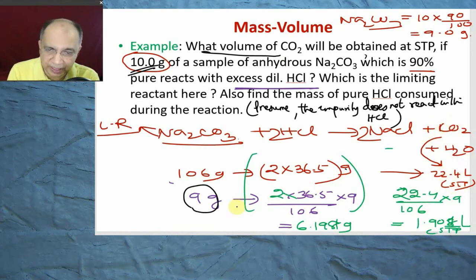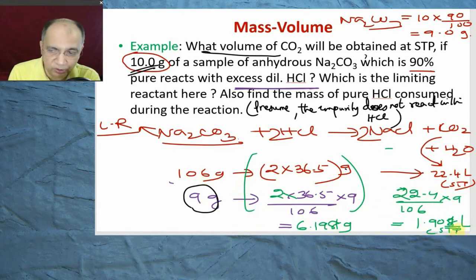So if 106 gram requires this much and produces 22.4 liters of carbon dioxide, then 9 gram will require 2 into 36.5 divided by 106 into 9. That comes to 6.198 gram. And if 106 gram produces 22.4 liters, then 9 gram will produce 22.4 by 106 into 9.